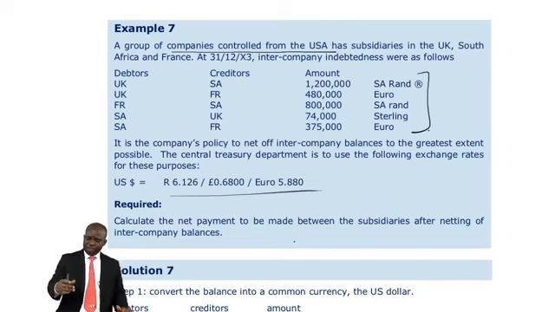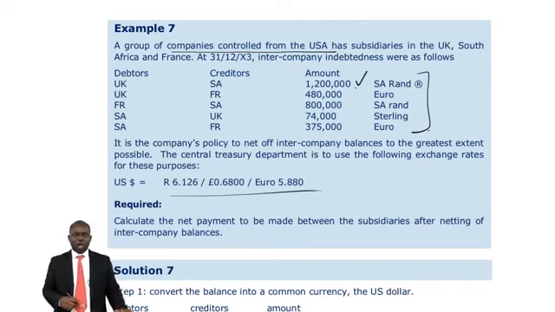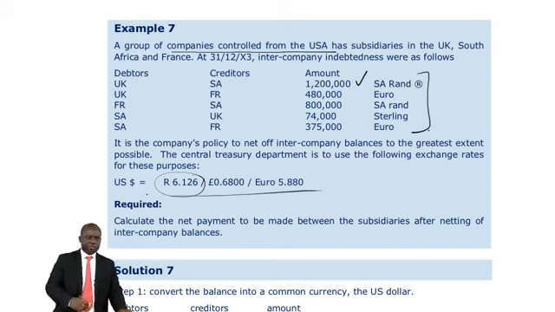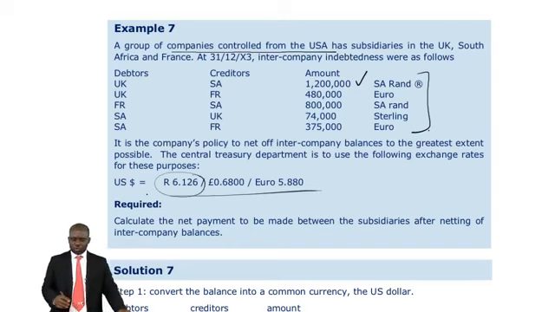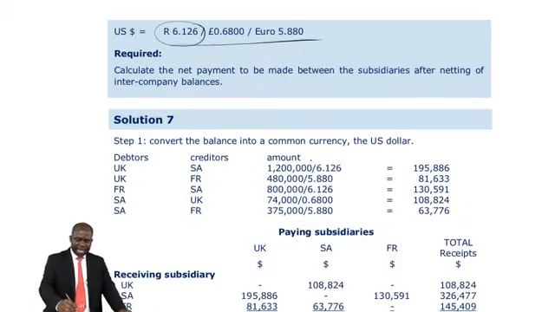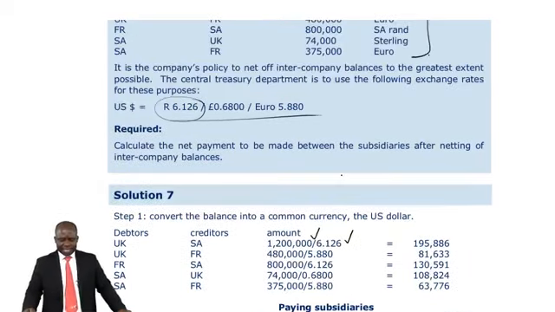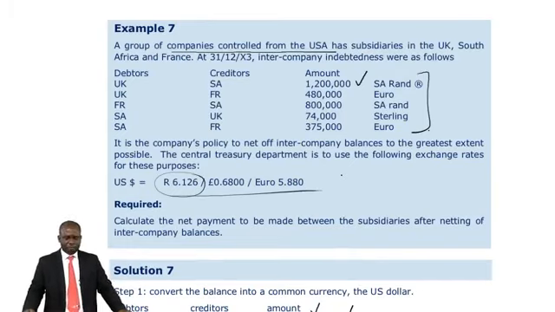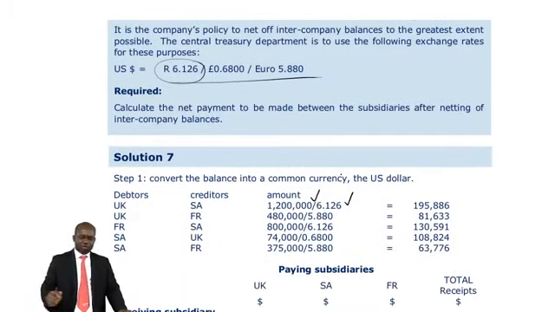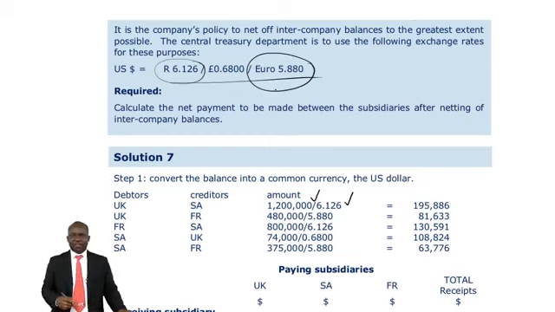So the first currency here is 1.2 million rand. I have to convert the rand into dollars. The rand dollar exchange rate is 6.126. That is why that money is converted at 6.126. The second one is in euro, 480. The dollar euro rate is given here as 5.88.